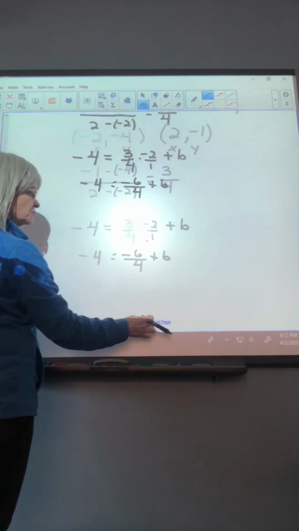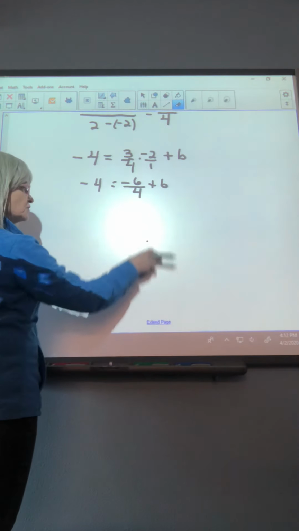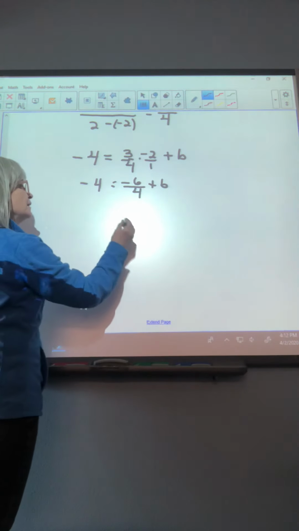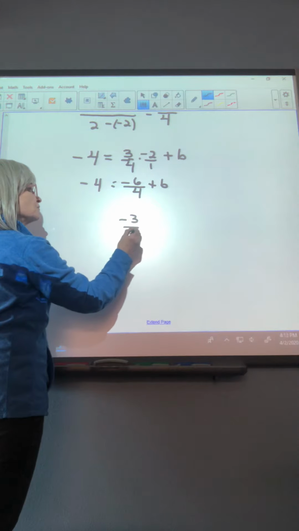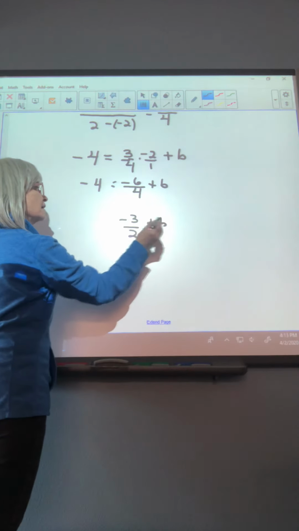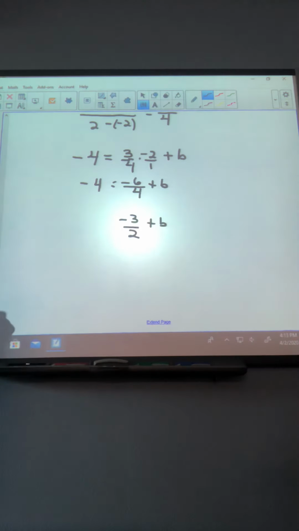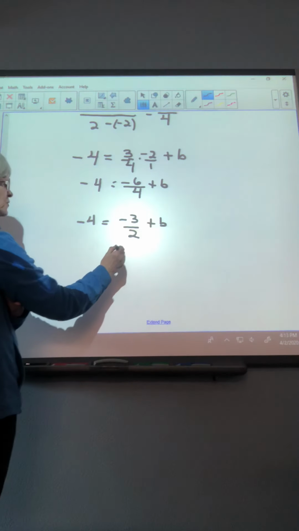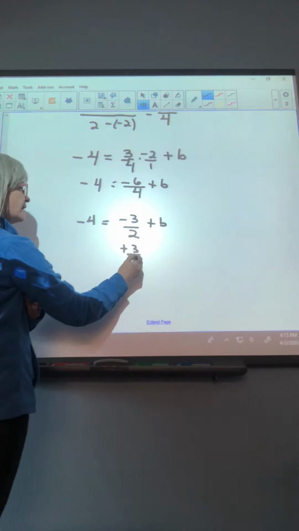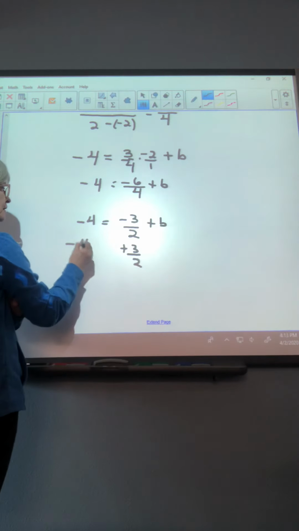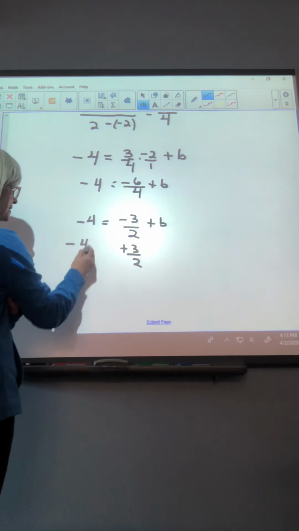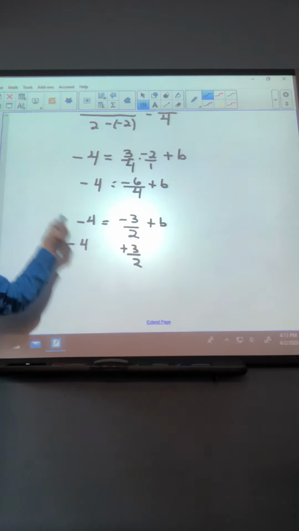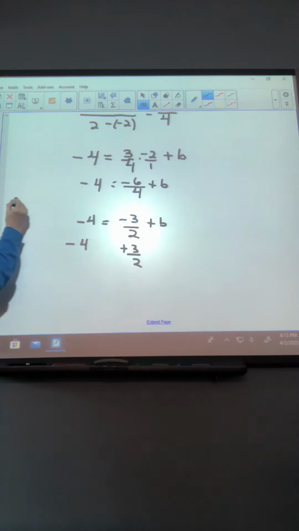6/4 can be reduced, and it's just, I think, easier to work with if it's a smaller number. So I'm going to go ahead and reduce it to 3/2. I just divided both of those by 2 to do that. Okay, so I need to add 3/2 to the -4. I'm going to make this have a denominator of 2, so I'm just going to do this over to the side.